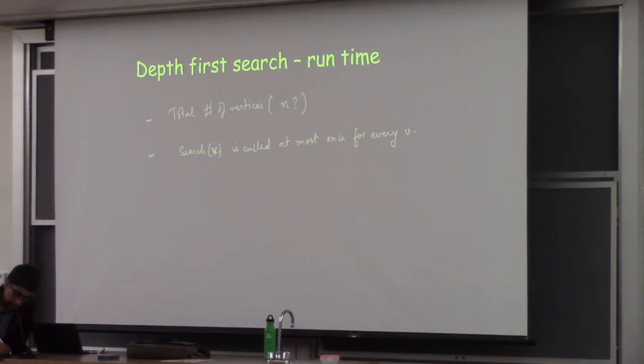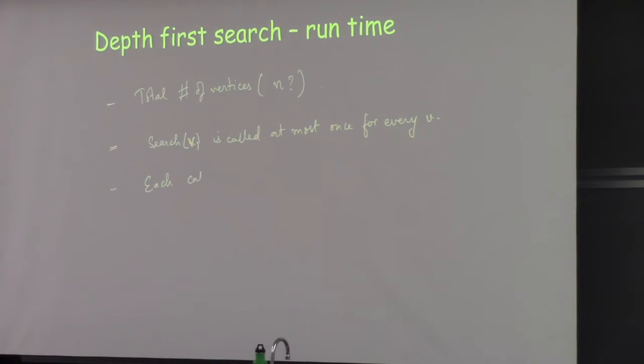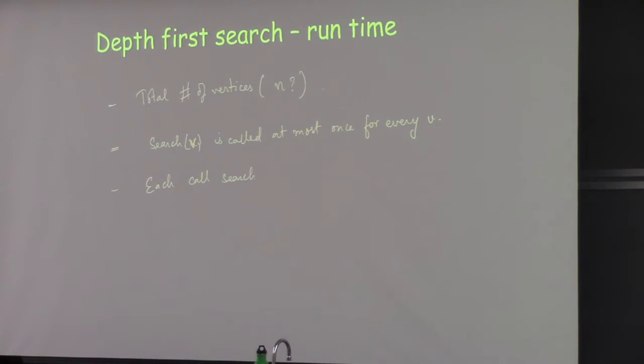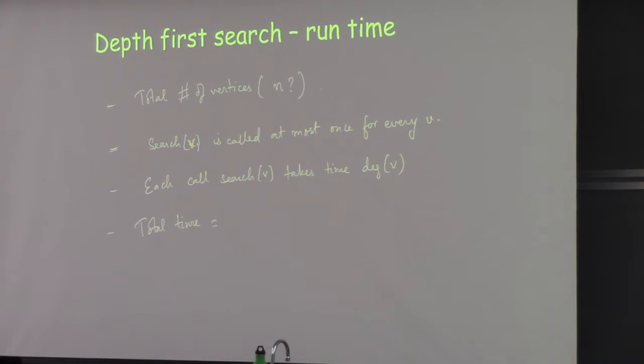So each call search of V takes the degree of V. Okay. So this is what we have, and so the total time is the sum of these quantities, because it is the sum of degrees over all the vertices for whom search was called.